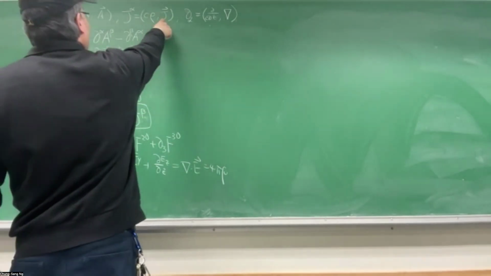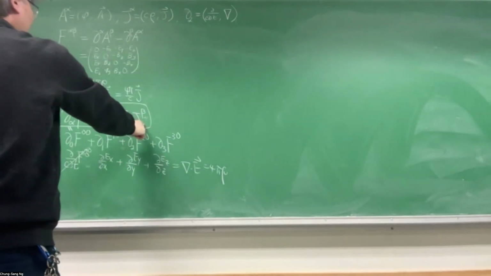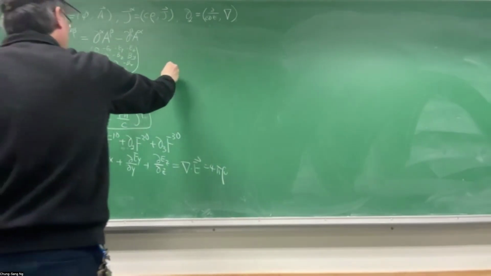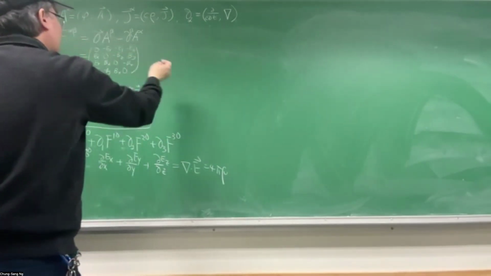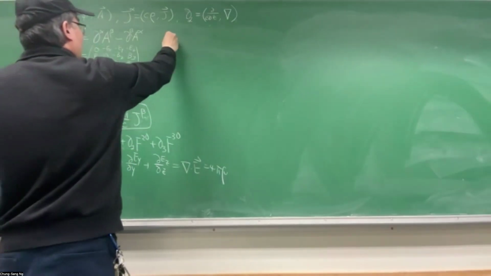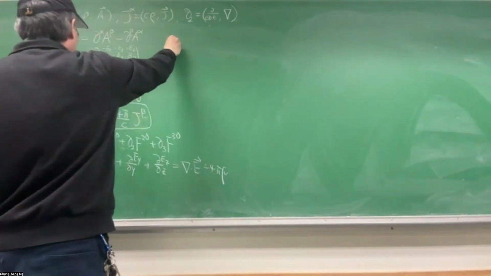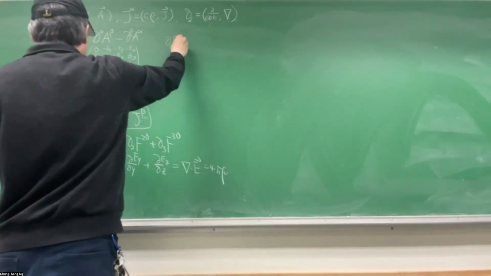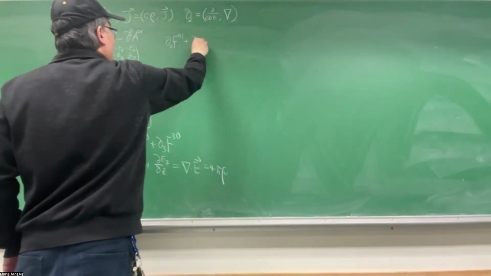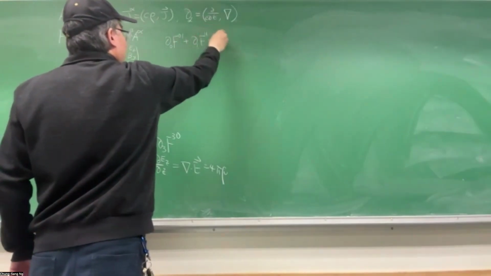Okay, now the next one is 1. According to this, 1 is j sub x, the x component of the current density. Now we're writing this, let's do it again. So partial 0 F 0 1, that's partial 1 F 1 1, which is 0.